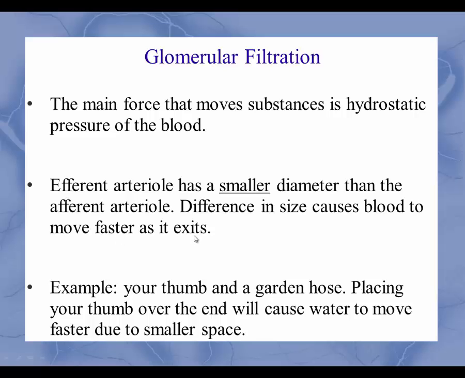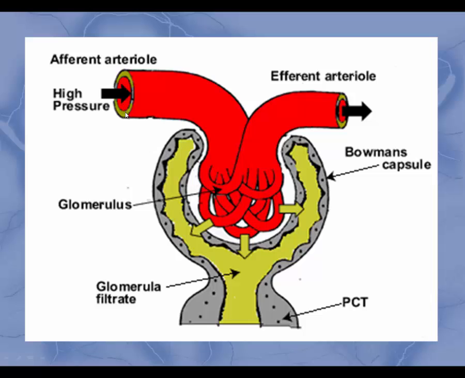So efferent is going to be smaller. Fluid comes in through the afferent arteriole, but then efferent is smaller, and that size difference will make blood get filtered faster. So the faster things are filtered, the faster things can get put in the urine and then gotten rid of from the body.